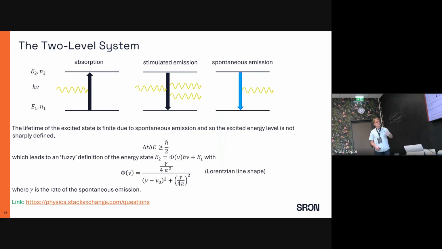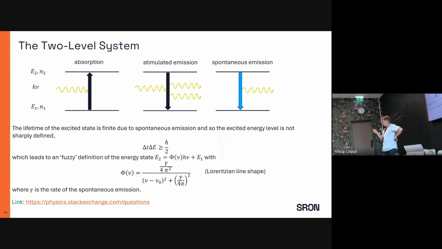And last but not least, spontaneous emission. This molecule remains in the excited state, and at a certain time, it's the end of its life, and it falls spontaneously back into the ground state. You can only really understand that when you study quantum electrodynamics. But the important point for us is that if an energy state has a finite lifetime, the energy definition becomes fuzzy because of Heisenberg.